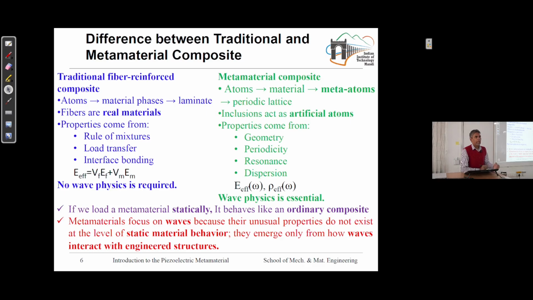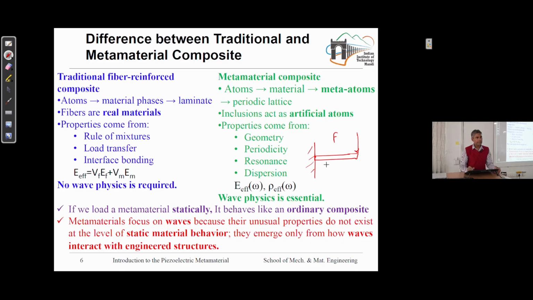Suppose you have a structure, for example a cantilever beam. If you apply a load F, and suppose this load is a static or constant load, then this metamaterial behaves just like a traditional composite material, because in that case we do not have any omega.